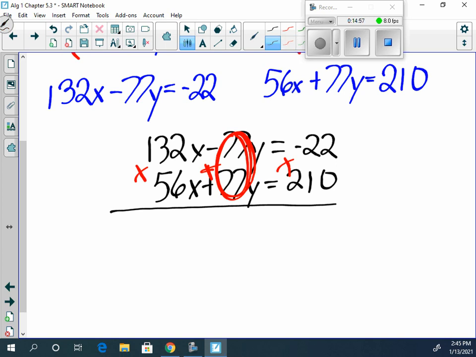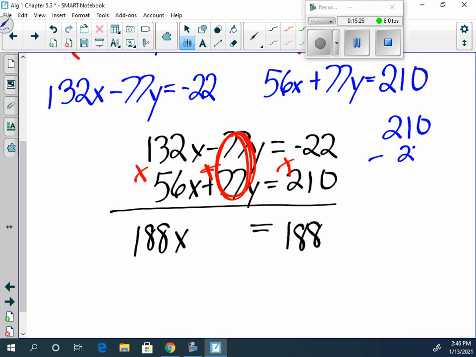Now 132x plus 56x is going to be what? 188x. These cancel out. And negative 22 plus 210 is going to be, I believe, 188. Or if we looked at this, 210 minus 22.